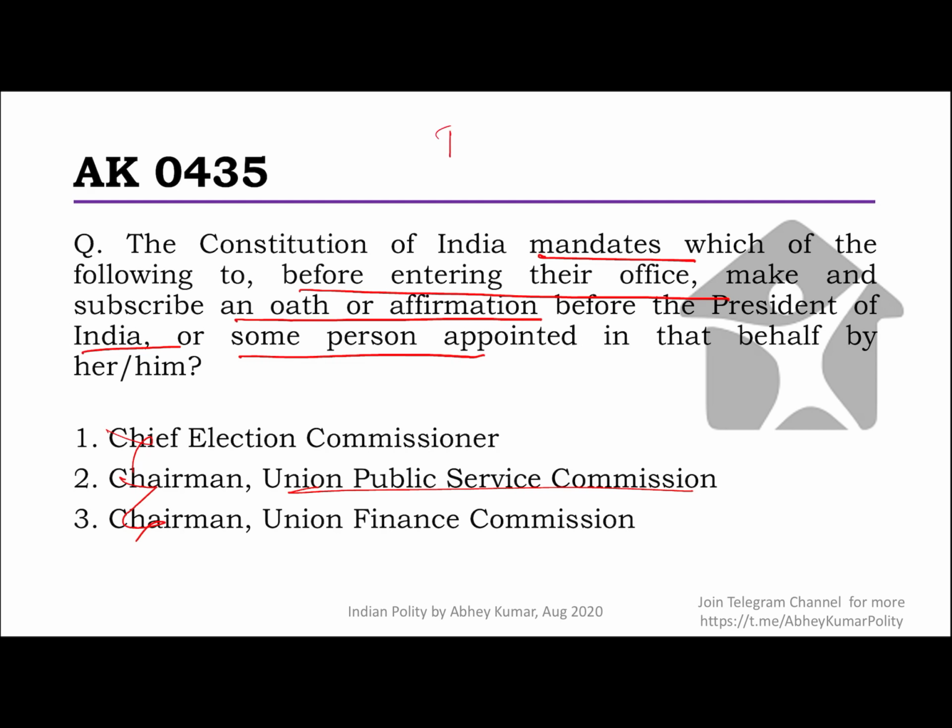So we know the three wings of the state, the government, that is the legislature, the executive, and the judiciary. And the head of the state for all of them is the president. So the president will administer oath to the main functionaries in all of them. For legislature, let's say all the members, right? Executive, all the ministers, right?